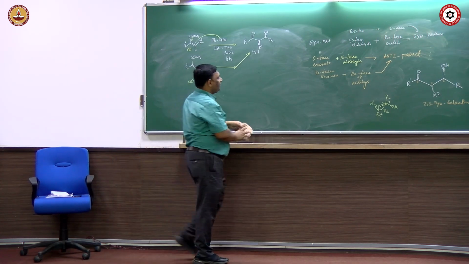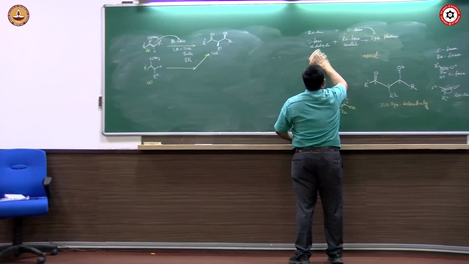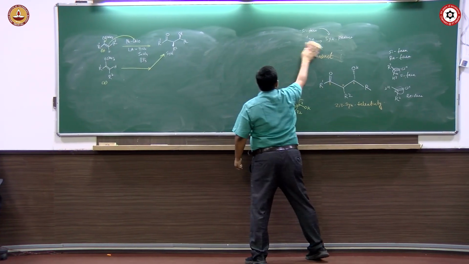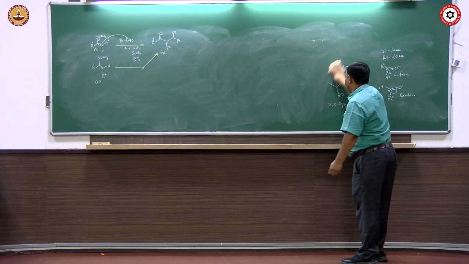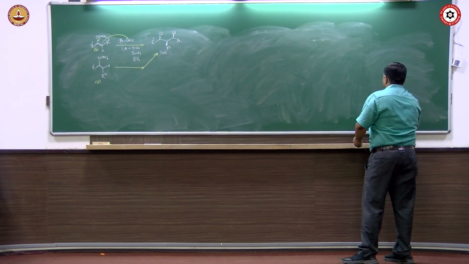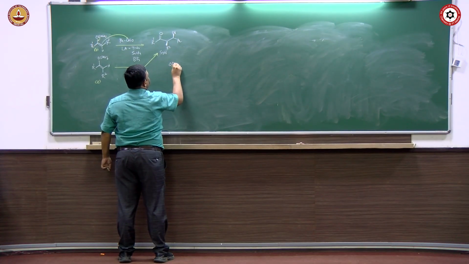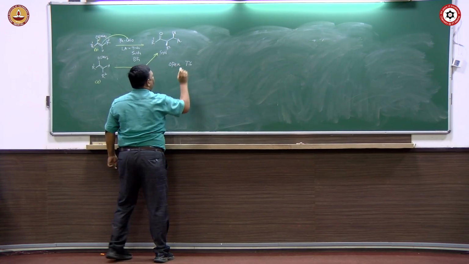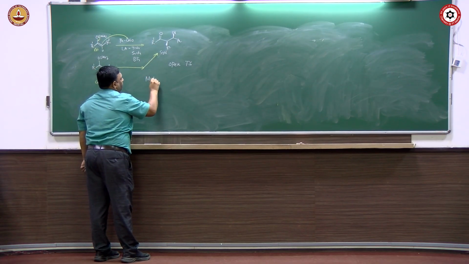If it is not following it, you remember the HMPA cases, which do not form a 6-member chair-like transition state and go through the open transition state. It is exactly the same thing happening here, this is going through an open transition state, okay, and this reaction is called the Mukaiyama aldol reaction.